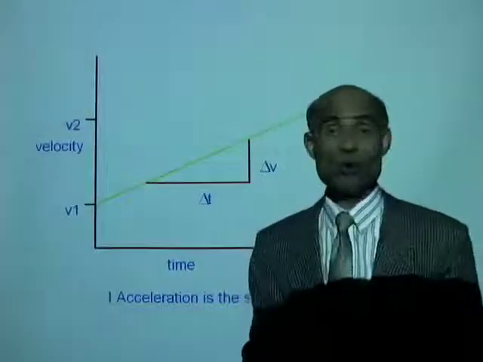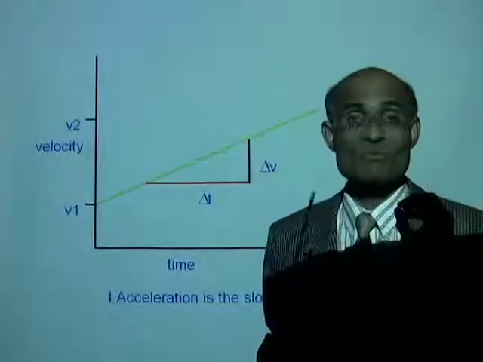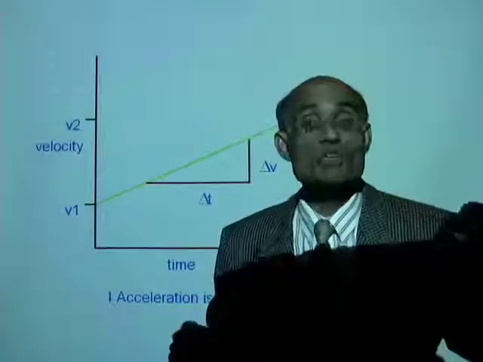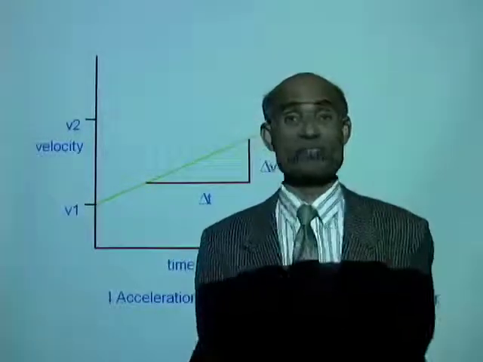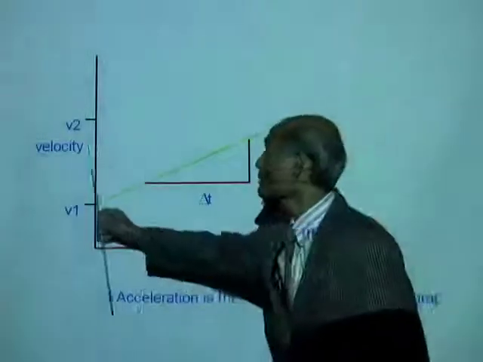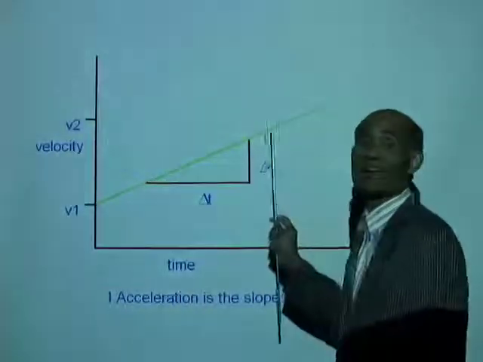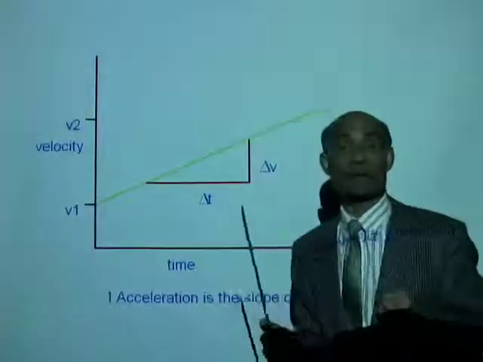You see, in this course, we will only use uniform acceleration. We will not look at particles moving with non-uniform acceleration. We will only look at uniform acceleration. That means the velocity against time graph will be a straight line, and the slope of the graph will give you the acceleration.